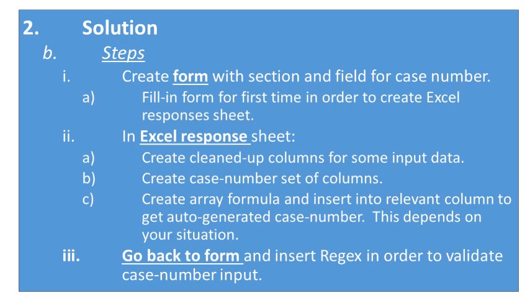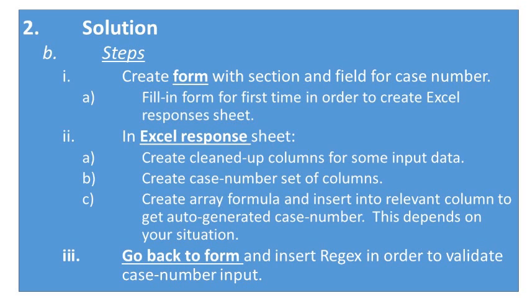The steps to create this user-friendly and more robust case number are very simple. The first step is you create the form with its section and field for a case number. The second step is then that you go back to the Excel response sheet and do the necessary changes.